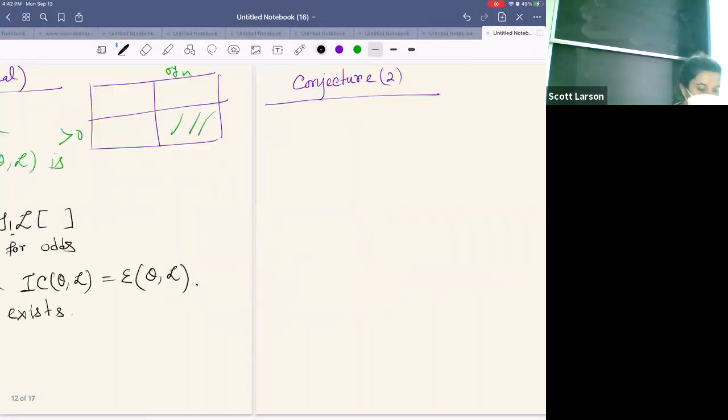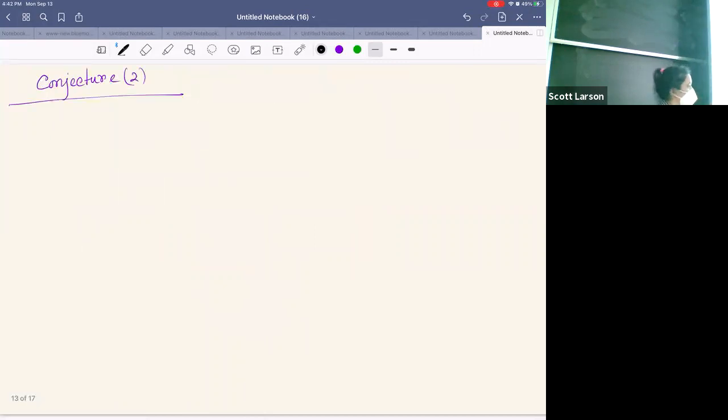Now I need to make another conjecture. This is conjecture 2, and I want to give an example at the end.